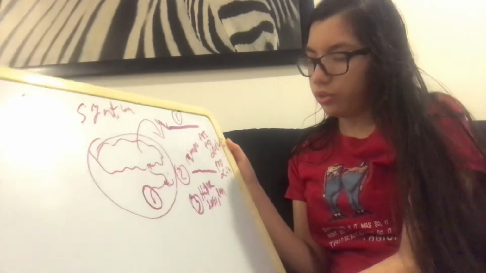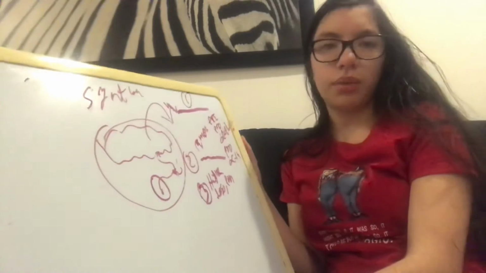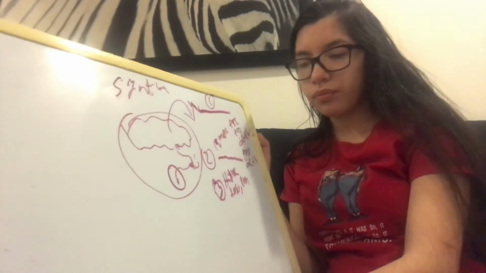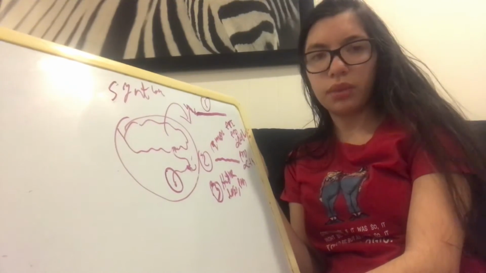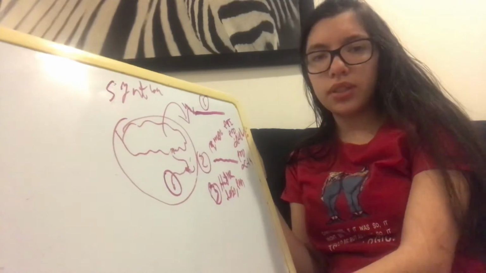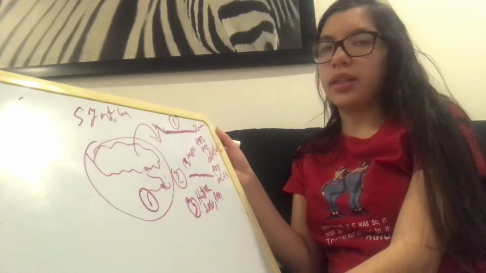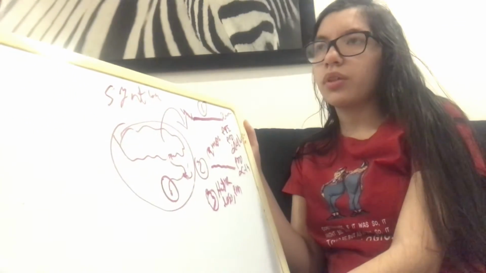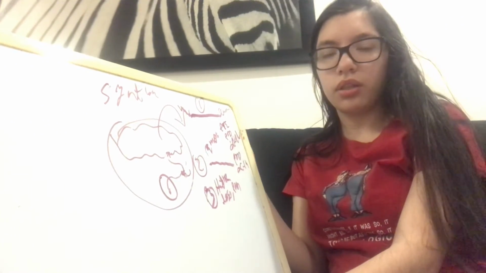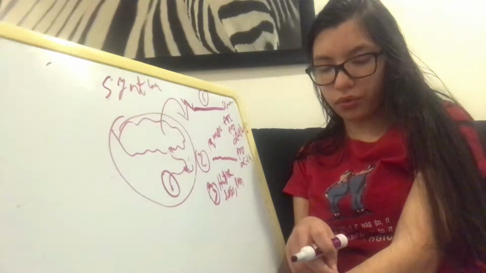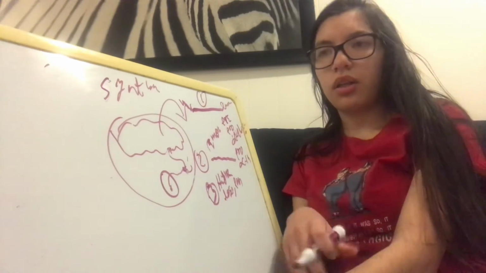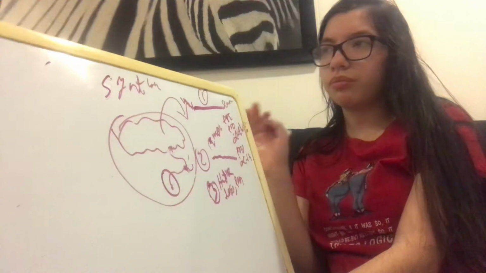Patients that have vitamin C deficiency, I don't know if I said vitamin D, but it's vitamin C. If patients have vitamin C deficiency, they have scurvy, with bleeding gums and the corkscrew appearance of the hairs.